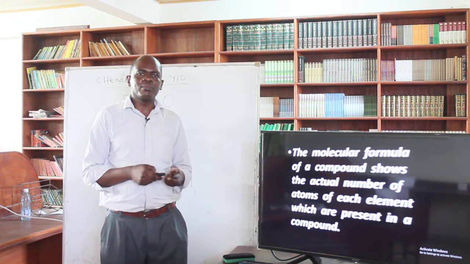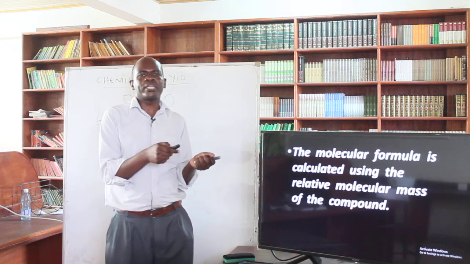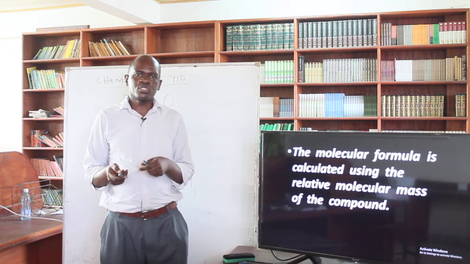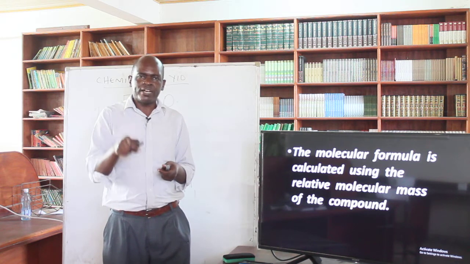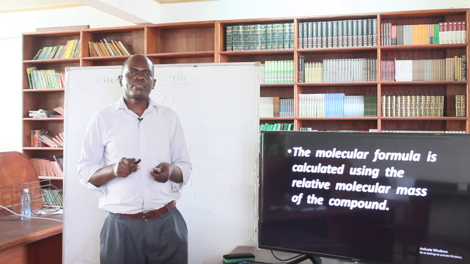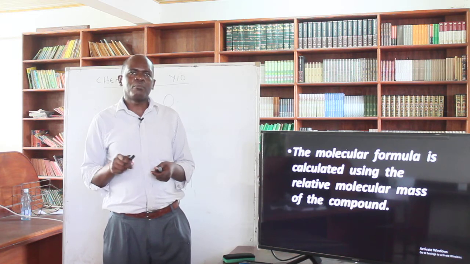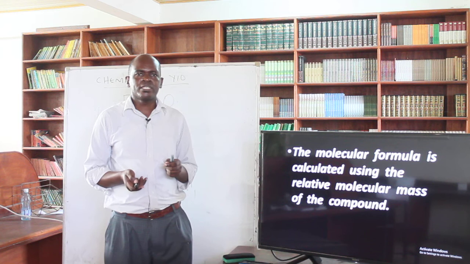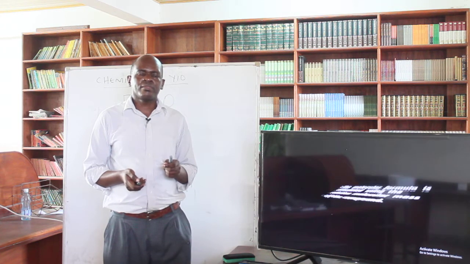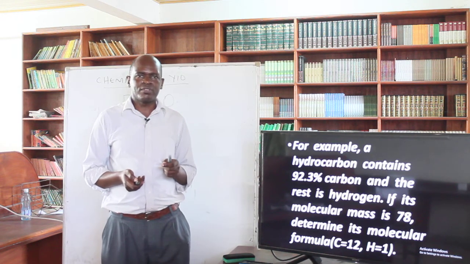So from the empirical formula, we can get the molecular formula, because it's normally calculated using the relative molecular mass of the compound. So first we get the empirical formula, then that empirical formula multiplied by a particular number x that you can calculate, we can get the molecular formula of a given compound.